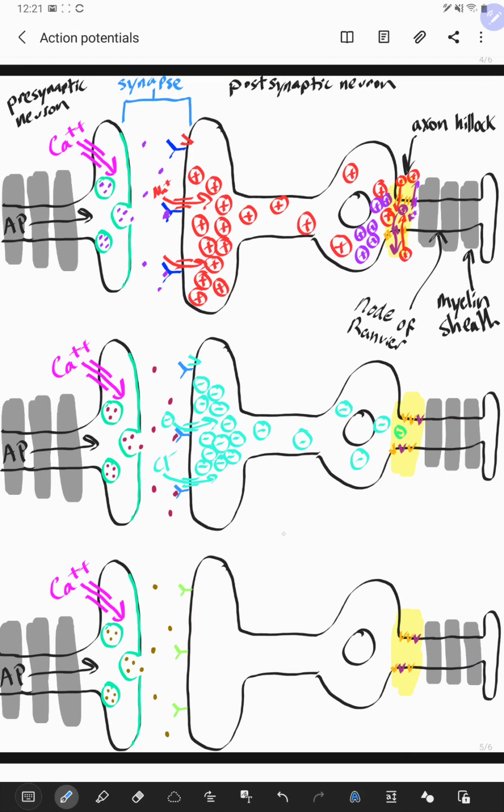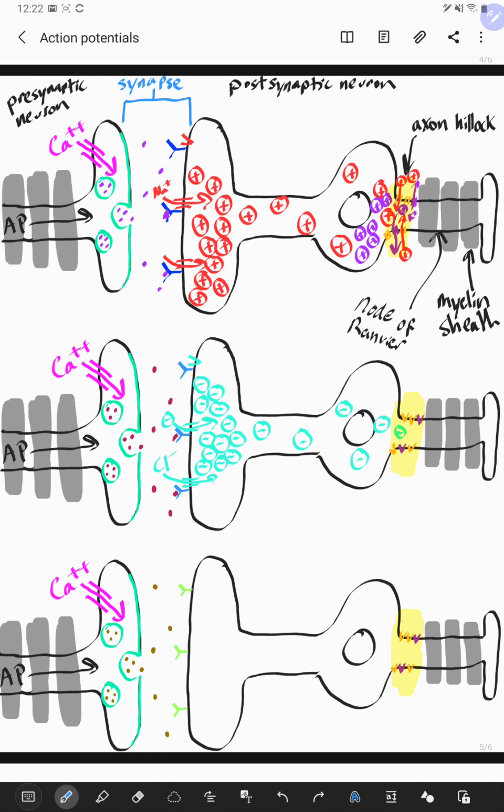So now at this third graphic, we're going to show what happens when ligand-gated potassium channels open from specific neurotransmitters. Same thing here in this presynaptic neuron. We had an action potential travel to the end of the cell, and that triggers calcium channels to open, and calcium is going to flood from high concentration to low concentration, meaning it's going to enter the cell.